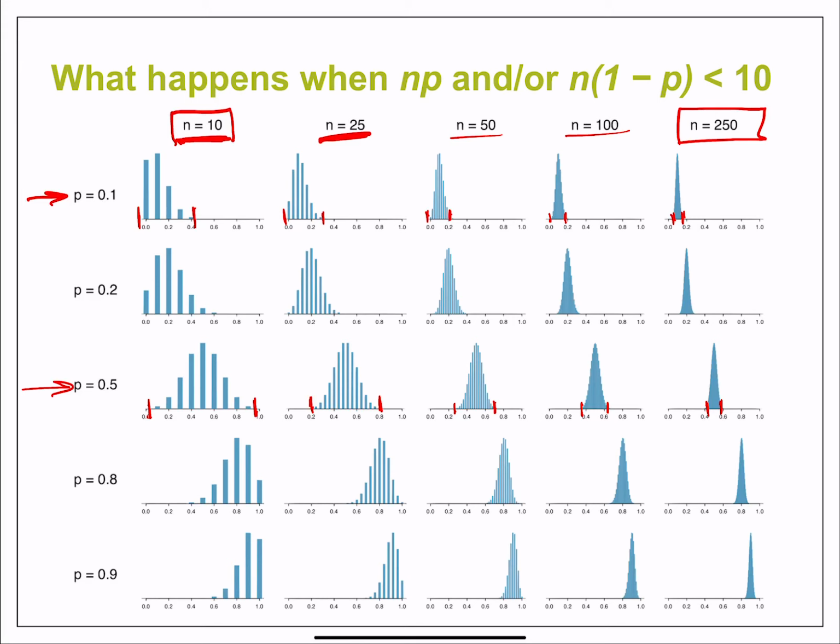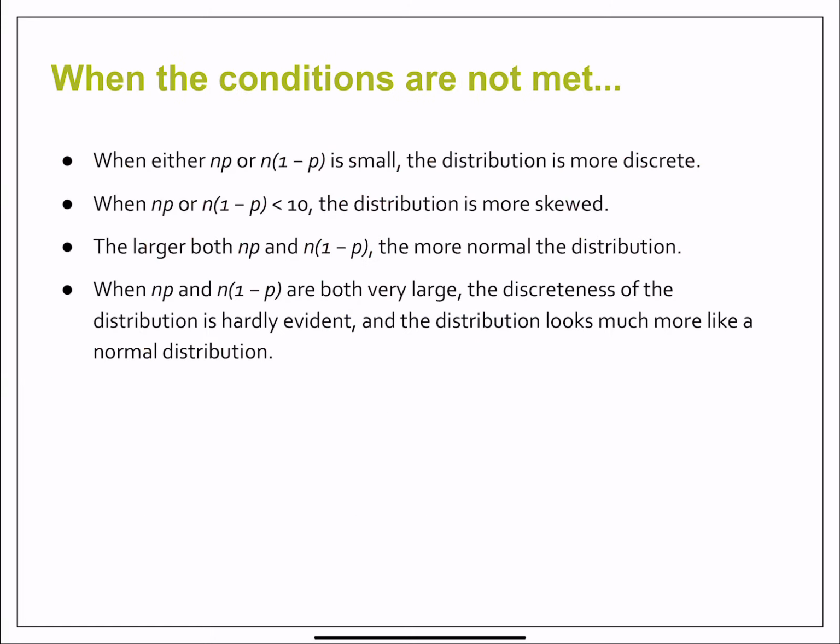So you see how the spread of our data gets smaller and smaller. As we increase our sample size, we have less and less variability, right? So we want to have as big a sample size as we can, whenever we have those kinds of resources.